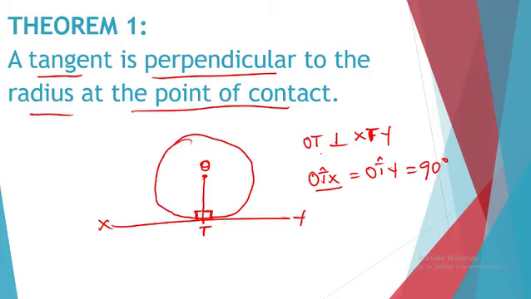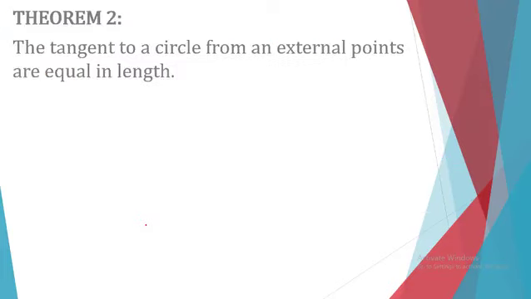Do we understand now? So we say that a tangent is perpendicular to the radius at the point of contact. The radius bisects this tangent.